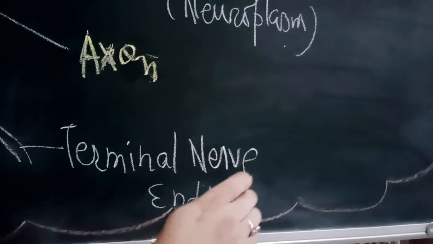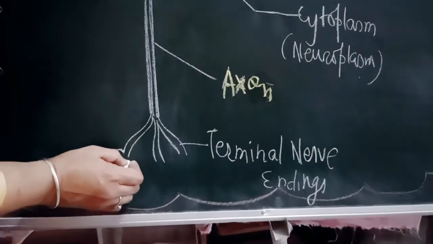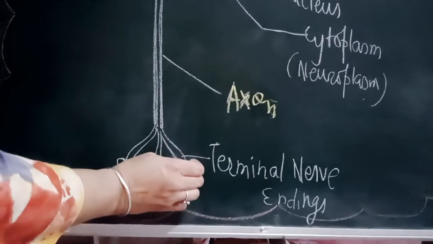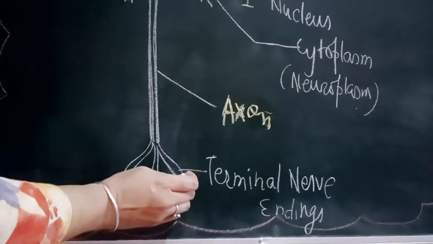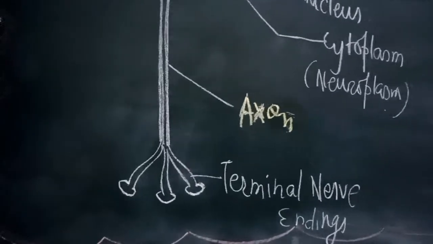Simply nerve endings or terminal nerve endings. The terminal part of the nerve endings is a swollen part that we will do in 10th class. What is the significance of these swollen parts?